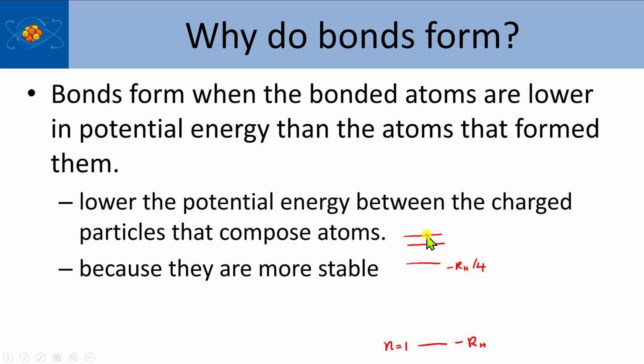And I believe it was a homework question that brought it up. But eventually, when n is equal to infinity, in essence, you reach a situation of potential energy that's equal to 0. So this infinite energy level, or even minus RH over 4, is higher in energy than minus RH. So in essence, electrons go to the ground state simply because this is the lowest energy state that they can get to.